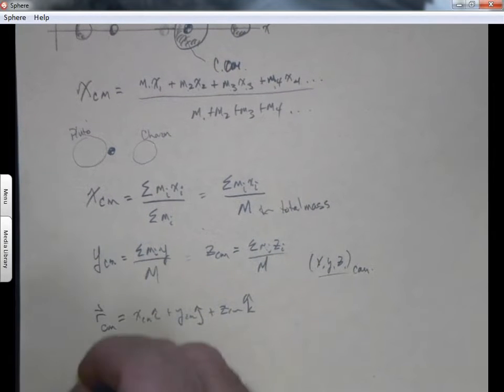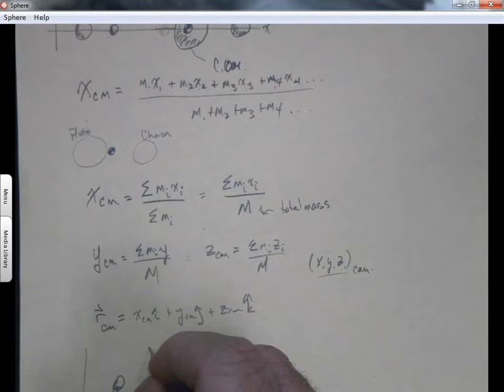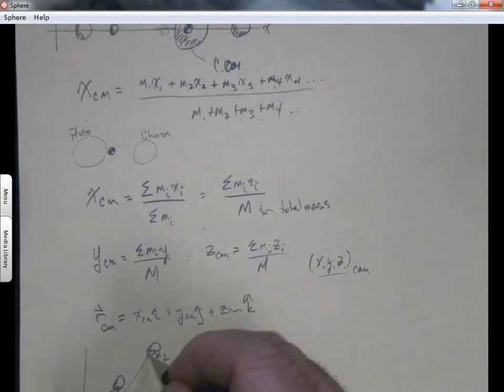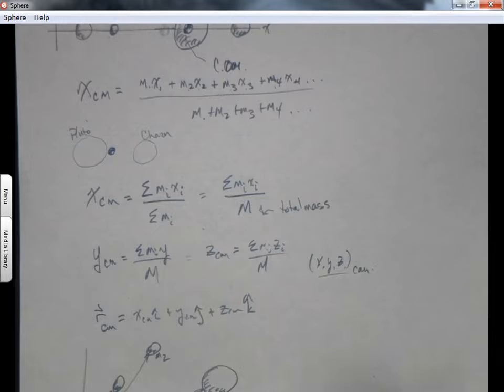So imagine we have in our field here a mass 1, and we have a little mass 2 over here, and a bigger one over here, and a tiny one over here. All of these have their own position vectors next to them.